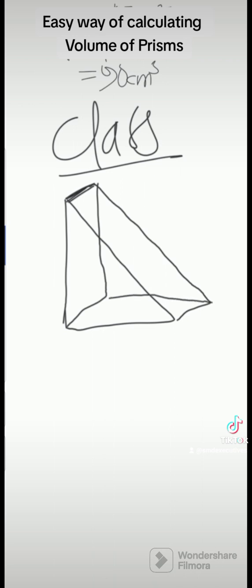This is a triangular prism where we have 7 meters as the height. Then we have 5 meters. Then we have 1 meters. So calculate the volume of this shape and we'll meet in the next class.